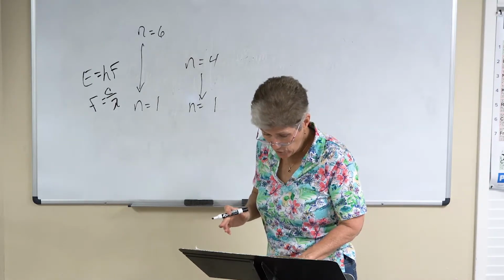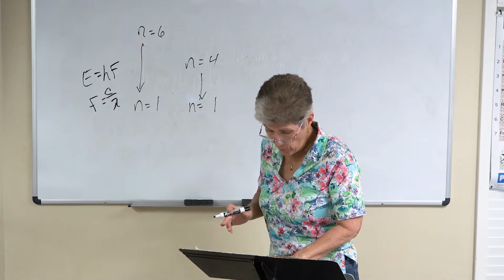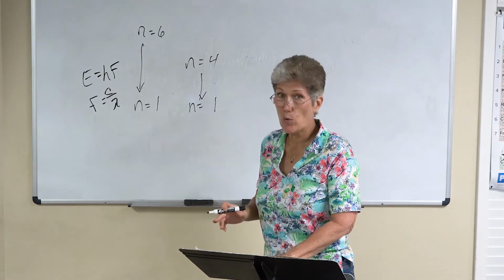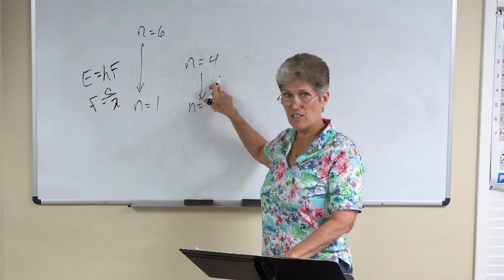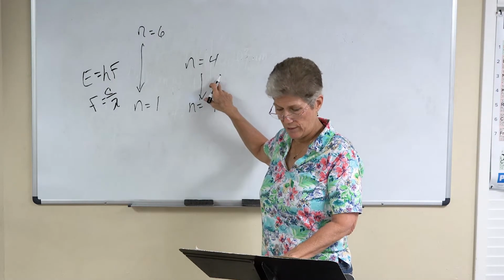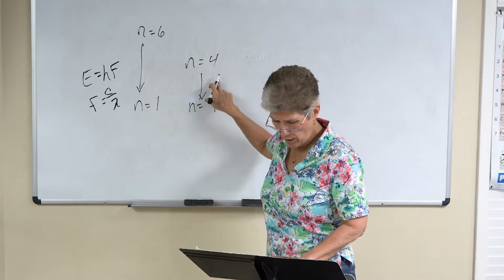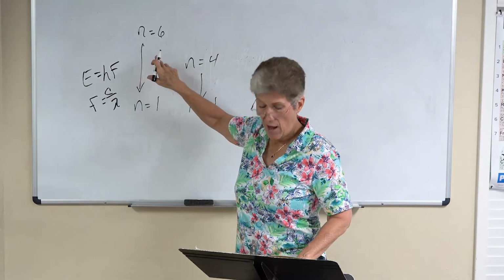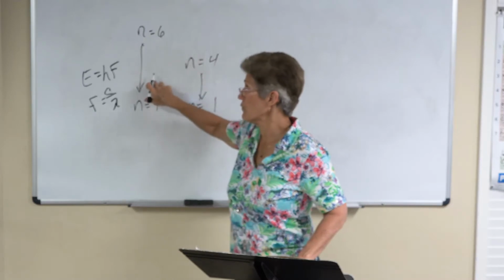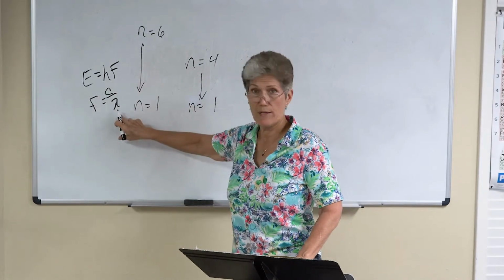So when it asks this question, which electron released a photon with the longer wavelength? It would be this one, because it's less energy, less frequency, therefore longer wavelength. And then it says, which photon had the higher frequency? It would be this one, because you would have higher energy, therefore higher frequency, shorter wavelength.